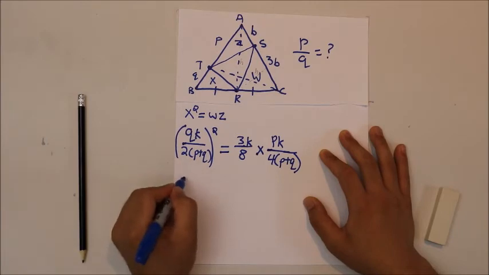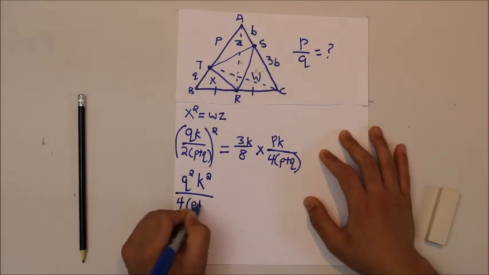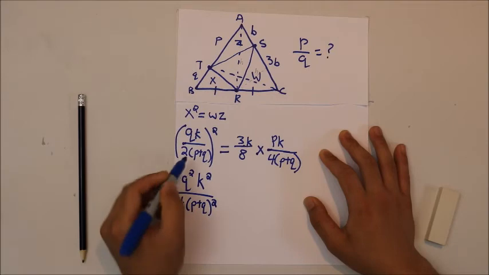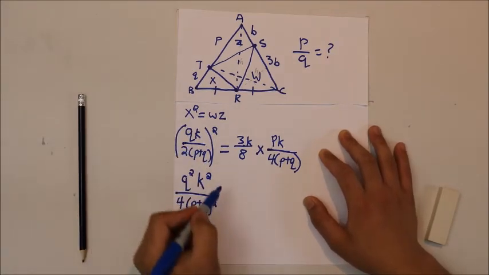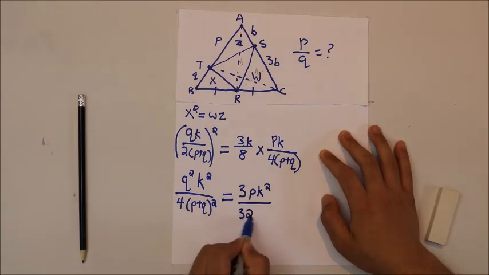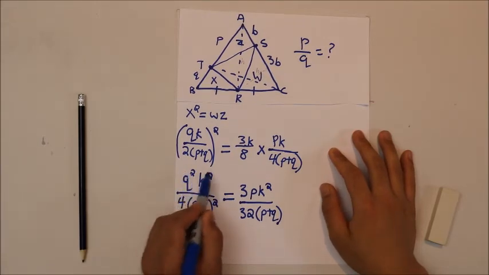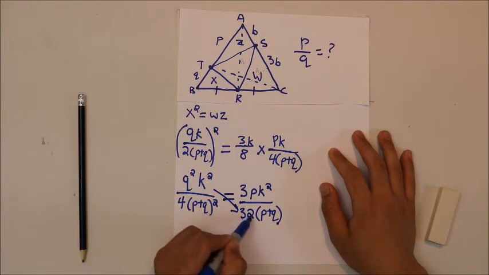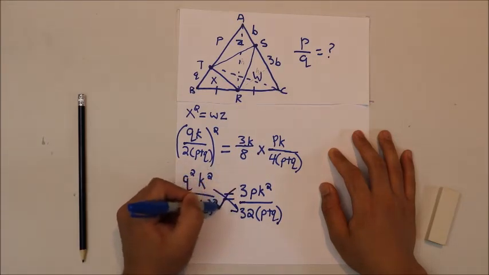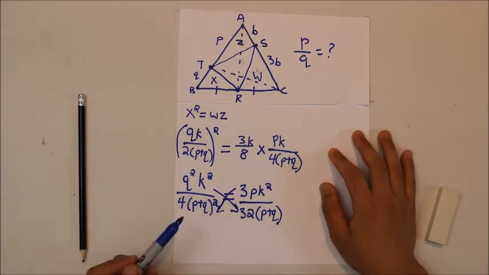So when we are expanding, we get Q squared K squared divided by 4 times P plus Q squared, because 2 times 2 is 4, is equal to 3PK squared divided by 32 times P plus Q. Because these two equations are equal, we can use the crossover rule, that is, taking this term and multiplying it with the bottom term here, and taking this term and multiplying with the bottom term here, to eliminate the division sign, and the equation will still remain equal.